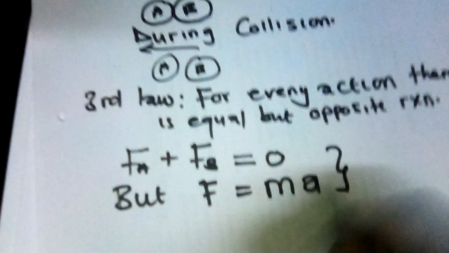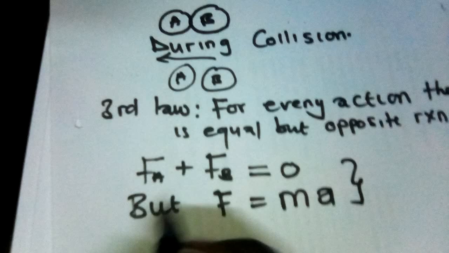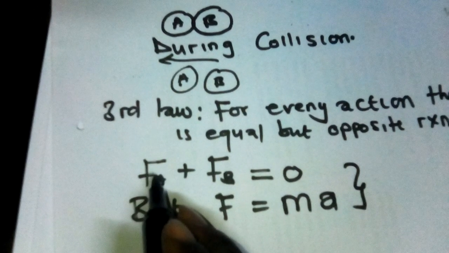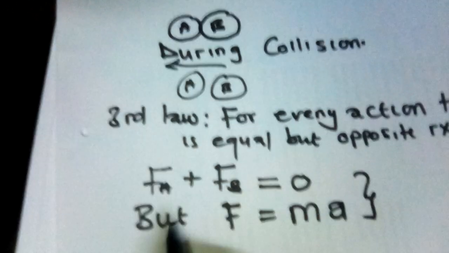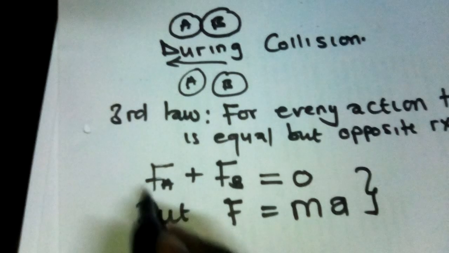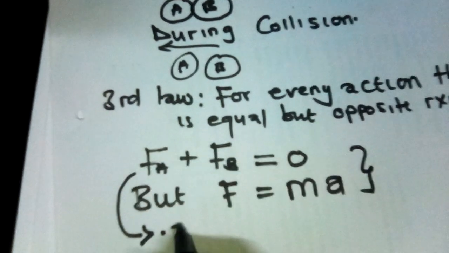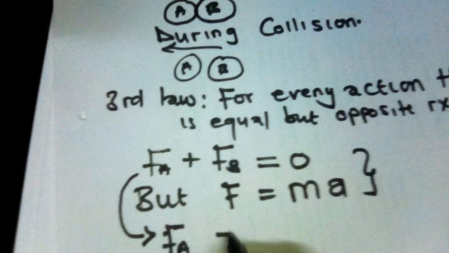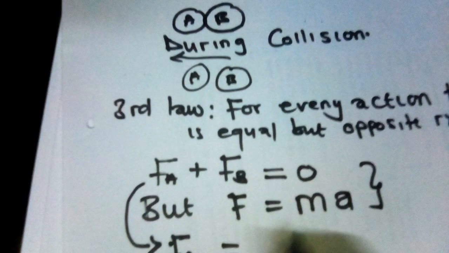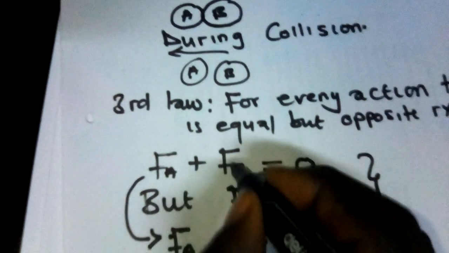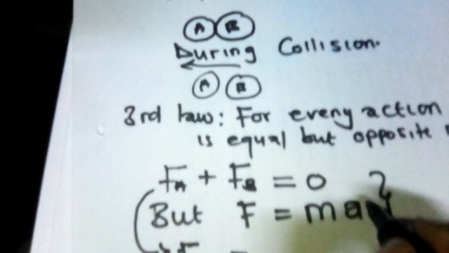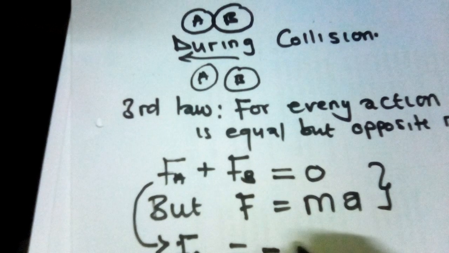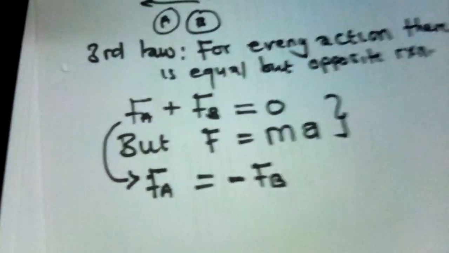Now we can combine these two concepts. From Newton's third law, for every action there is an opposite reaction, so the force of body A should be equal to the negative force of B. In short, we are taking this force to the other side.